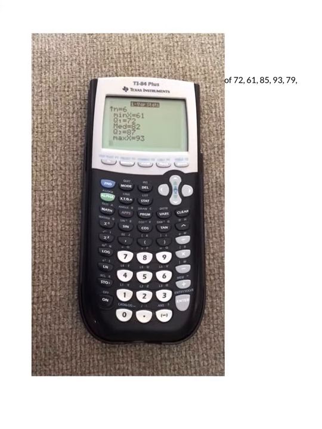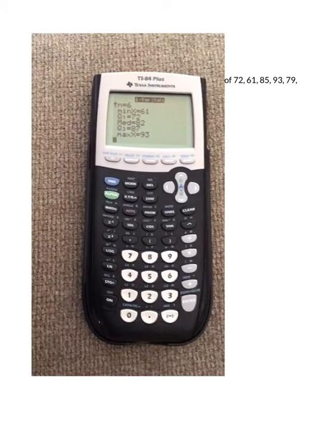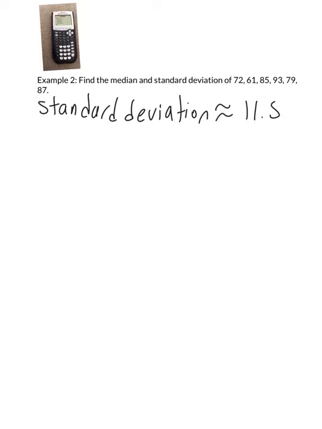So now I'm going to jot down those answers. So we said the standard deviation was approximately 11.55.